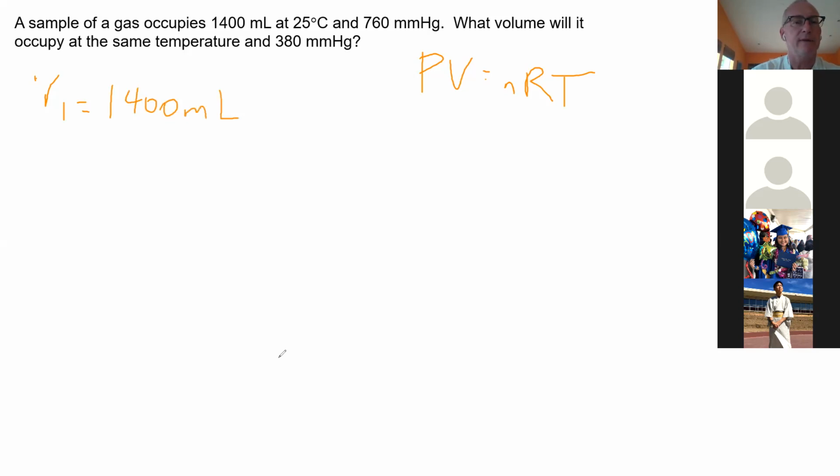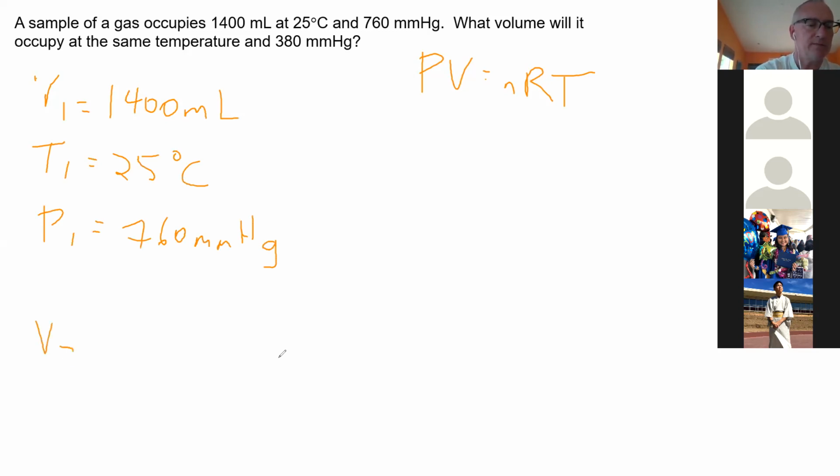We have T1, that is 25 degrees C. And we have P1, that is 760 millimeters of mercury. So the question is, what is V2?